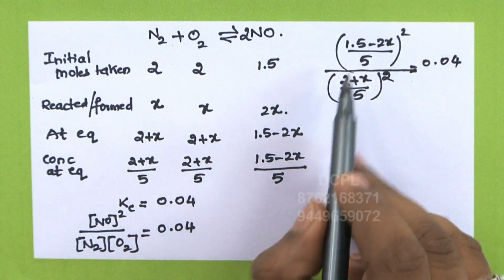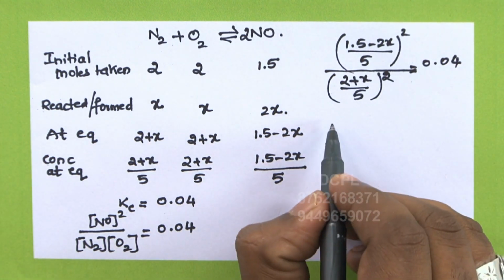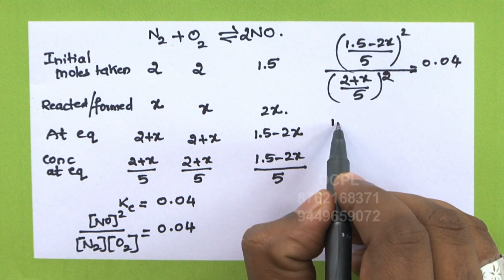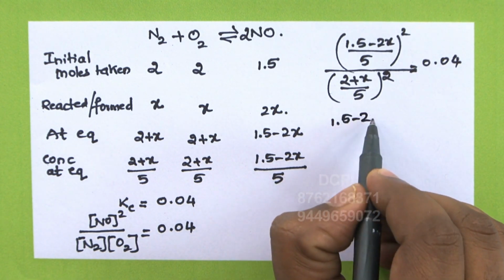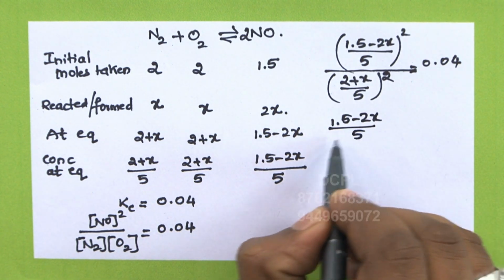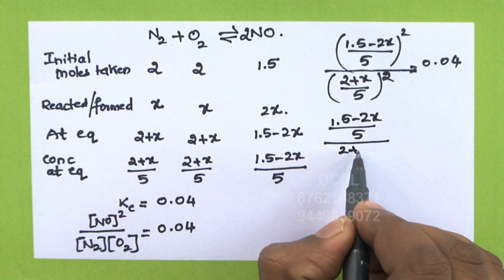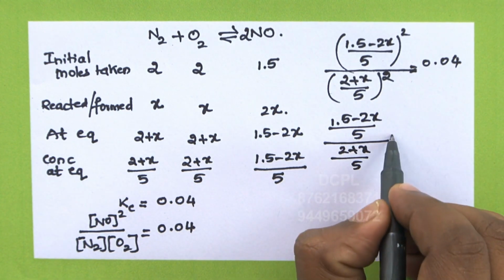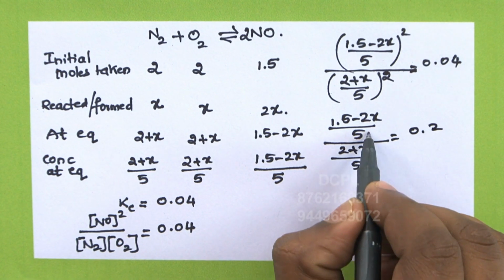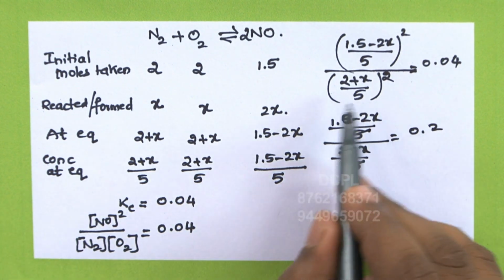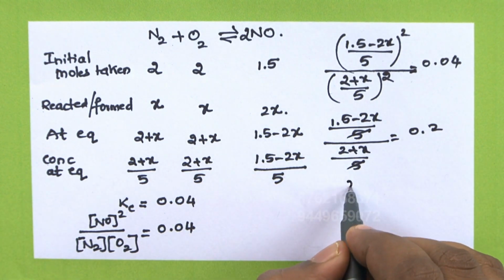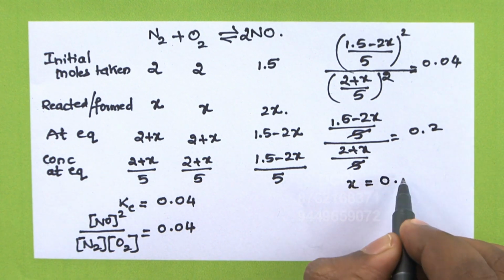Now, I will take the root of this. If I take the root, I get 1.5 minus 2x divided by 5 divided by 2 plus x divided by 5 equal to 0.2. On simplifying, you get the value of x equal to 0.5.